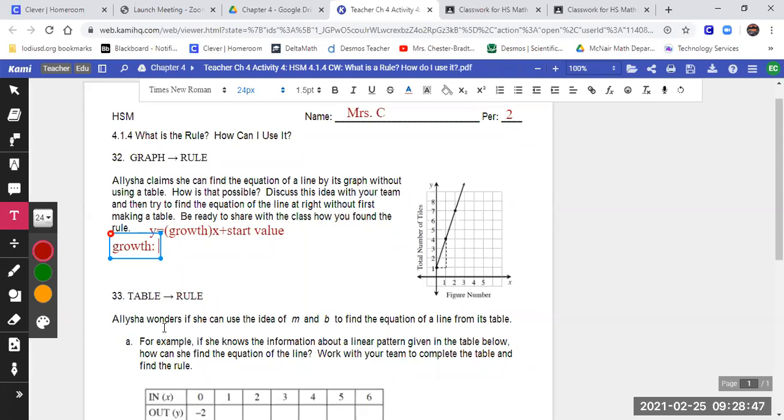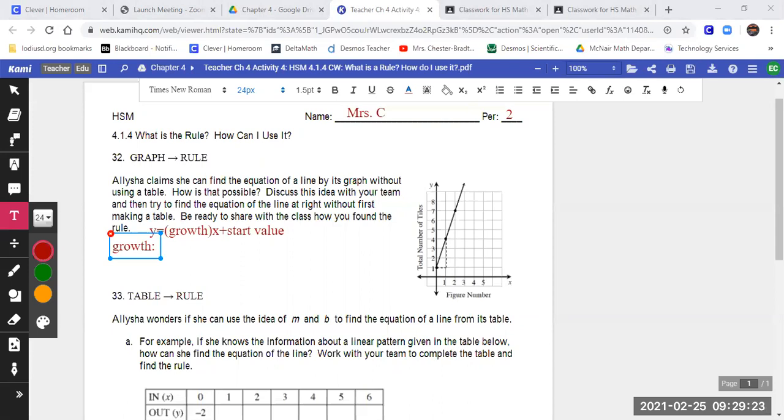So when we go to find growth, I know, we wrote it down multiple times. Growth is, what are we using to find growth?